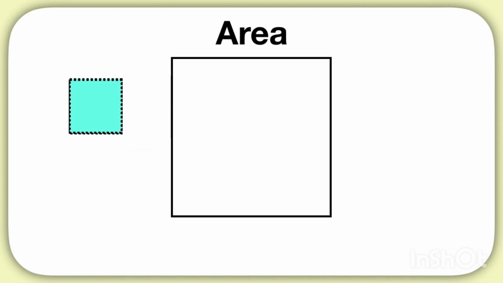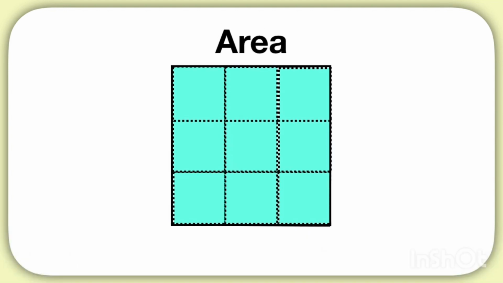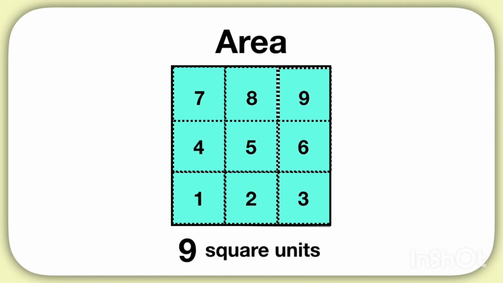We call these small squares 1 unit square. Now we can see how many of these unit squares fit inside of our big shape. Then all we need to do is count up the unit squares to find the area. For this shape, we could count it takes 1, 2, 3, 4, 5, 6, 7, 8, 9 unit squares to fill the whole shape. So its area will be 9 square units.